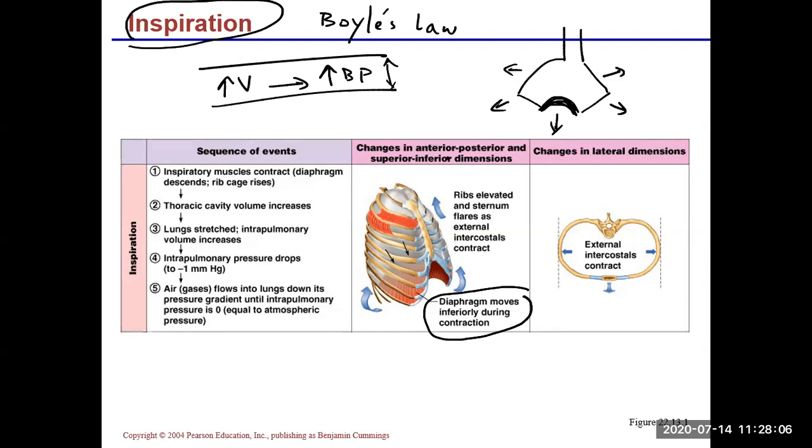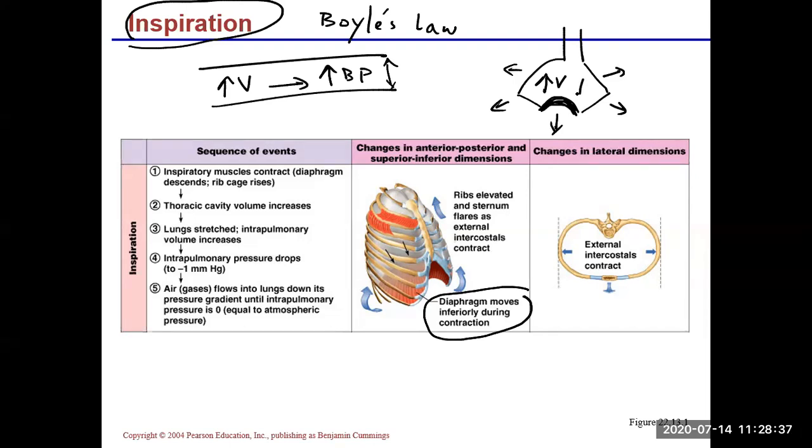So in this case, the thoracic volume is going to be increased, you see. Inside of it, there is more gas because the oxygen went in already, right? So thoracic volume is increasing. The lung is stretching, and intrapulmonary volume is increasing. As a result of that, the pressure is decreasing now.